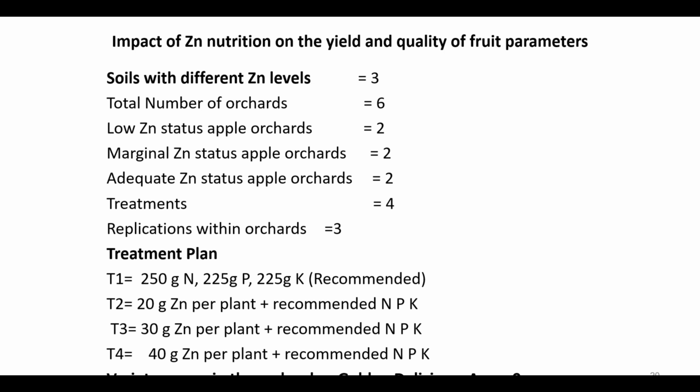We applied 4 treatments with 3 applications: 250 gram nitrogen, 225 gram phosphorus, and 225 gram potassium, which is the recommended NPK for apple production in the area. We applied 20 gram zinc per plant plus recommended NPK, and then 30 and 40 gram zinc per plant along with recommended NPK.